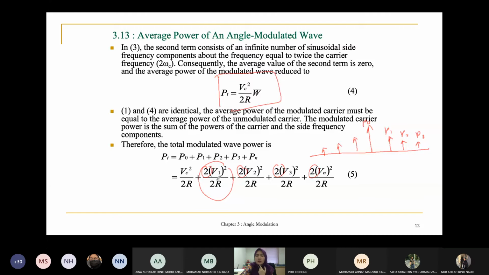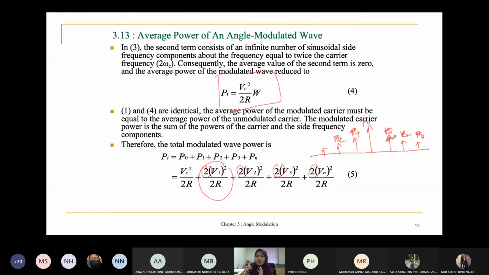It is multiplied by 2 because this is a pair of sidebands. P1 is the power for sideband 1.